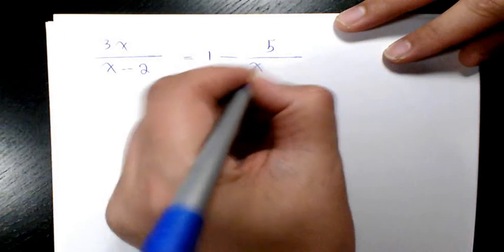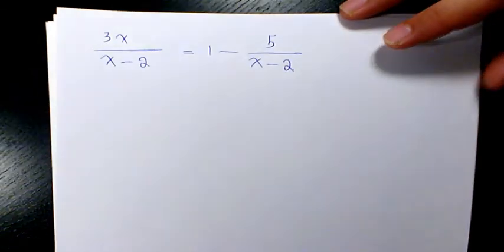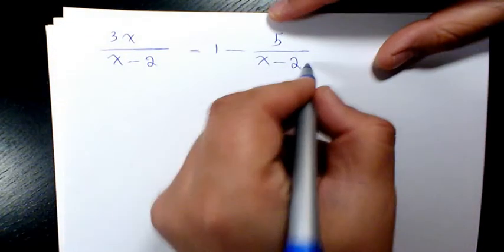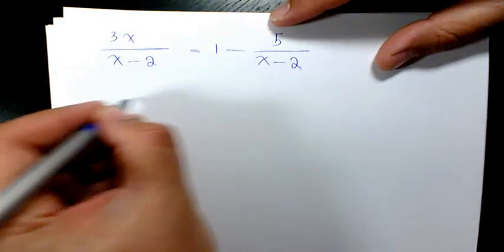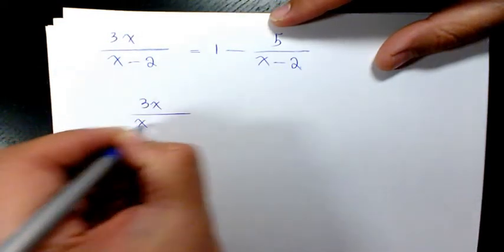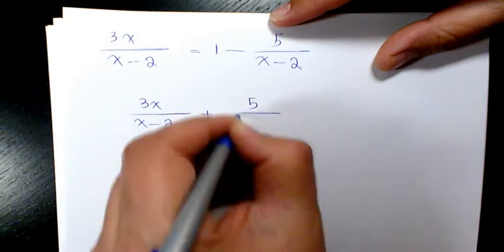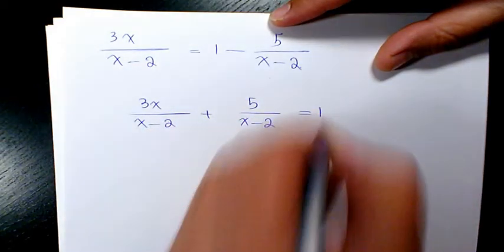Next example. 3x over x minus 2 equals 1 minus 5 over x minus 2. So we move this to the other side because they have the same denominator. So it's going to be 3x over x minus 2 plus 5 over x minus 2 equals 1.